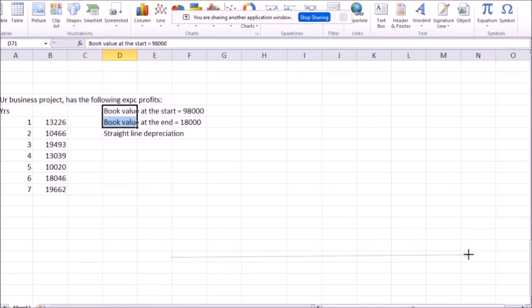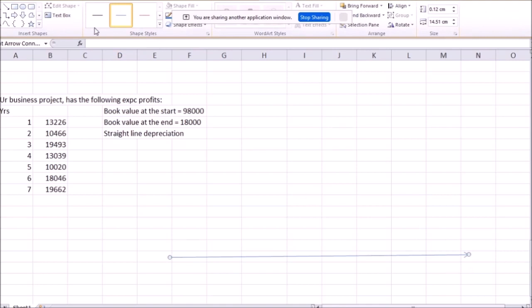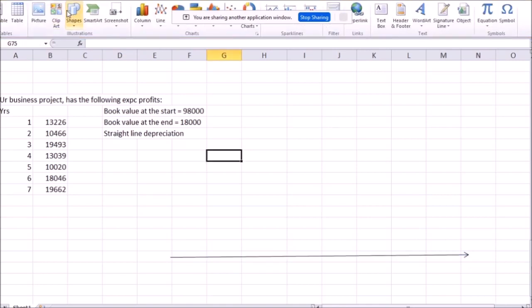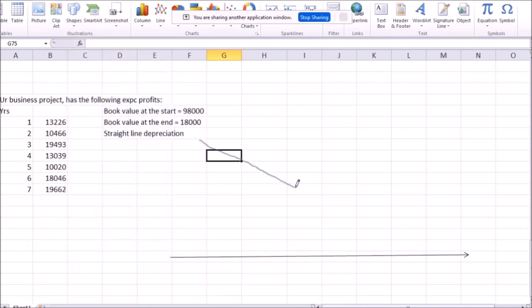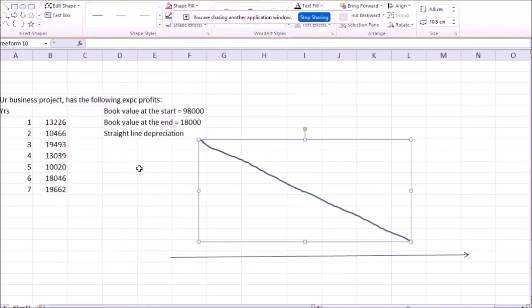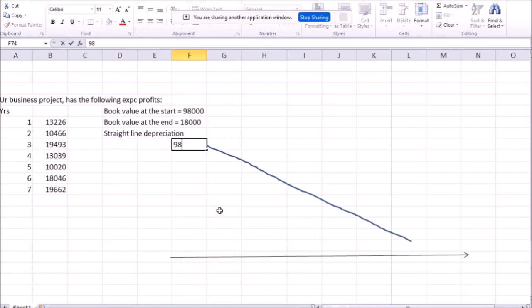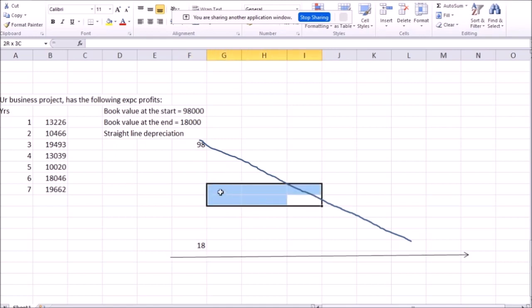So over this time horizon of 7 years, the book value is just going to go like this in a straight line from 98,000 down to 18,000, meaning that the average is definitely going to be just in the middle, not anywhere else.